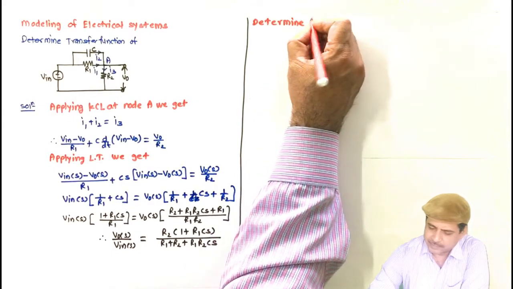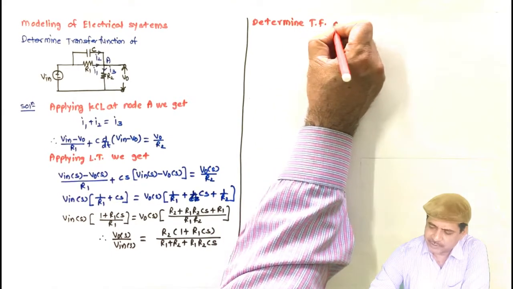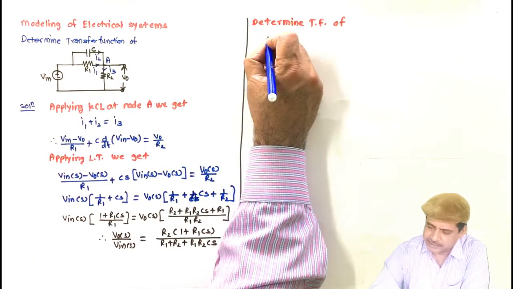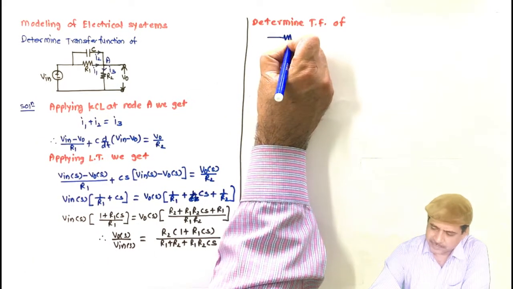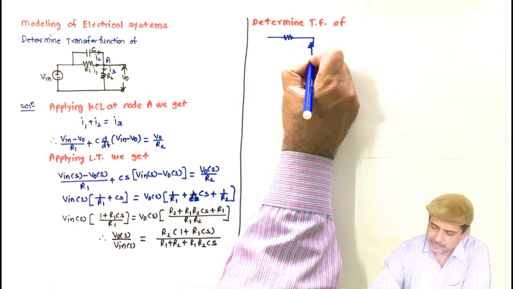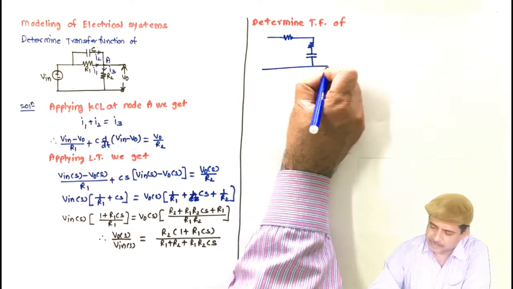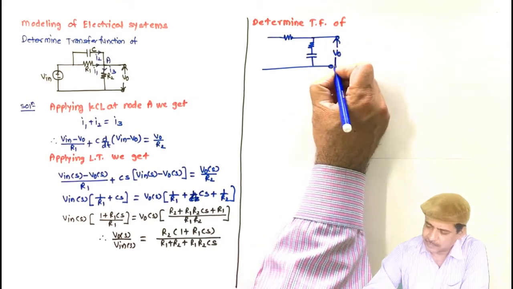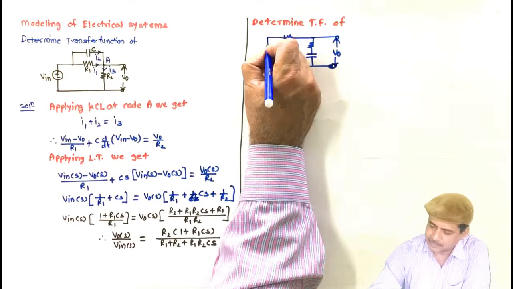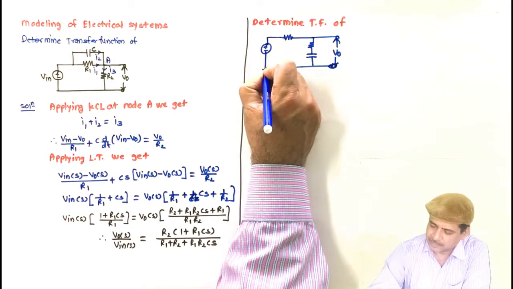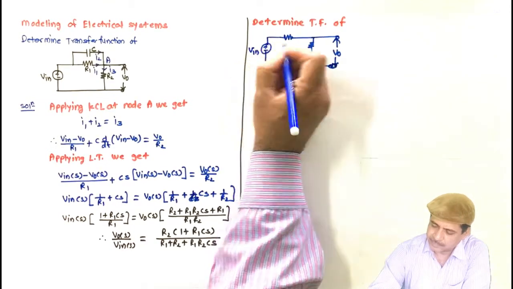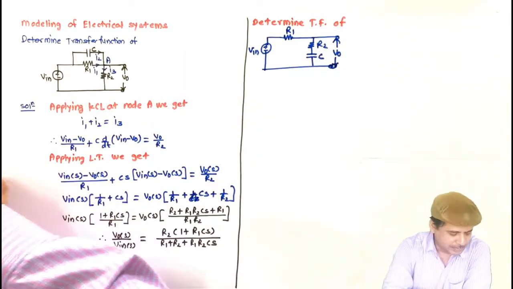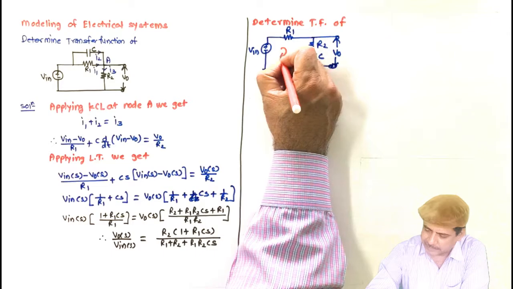Determine the transfer function of the circuit, and let the current flowing through this be I.